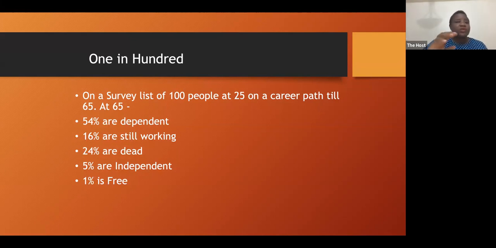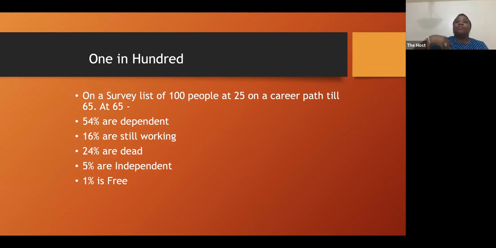They will take care of you, and he's not going to come back, and that's the best that he has done. But this research shows that at 65, 54 out of 100 people were dependent.